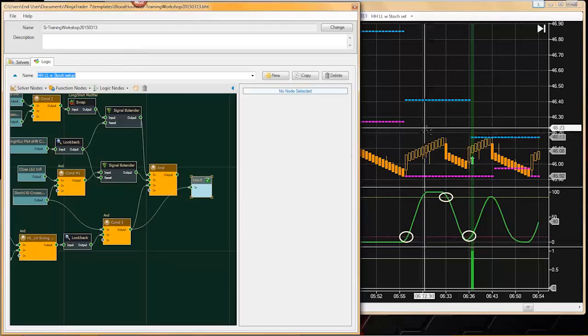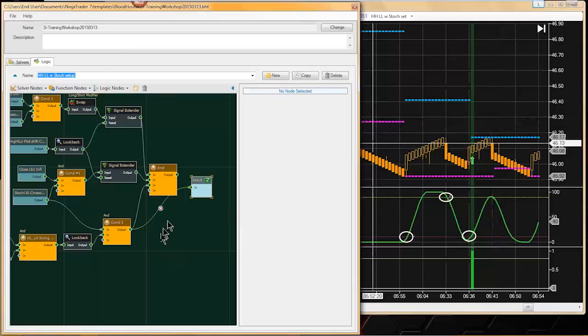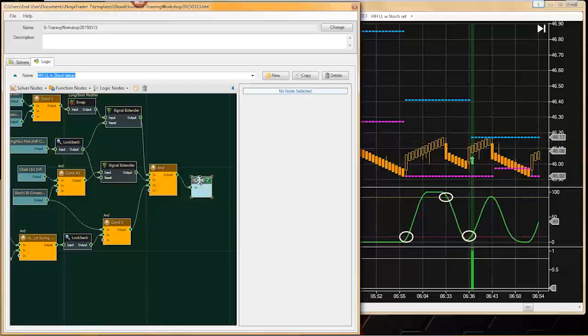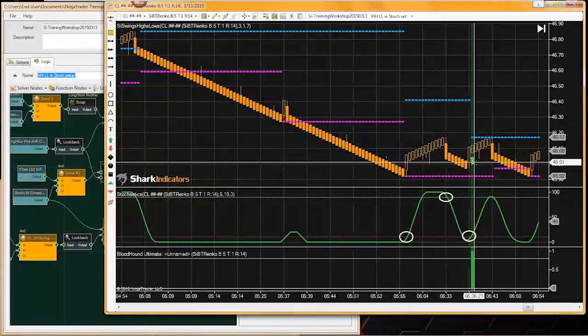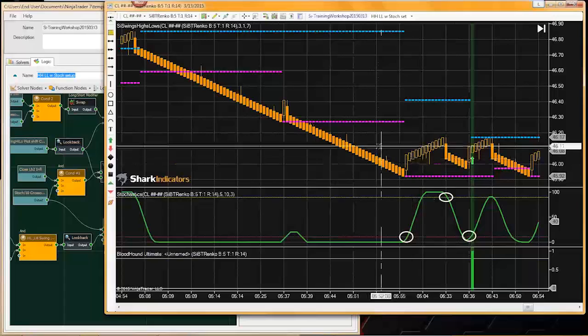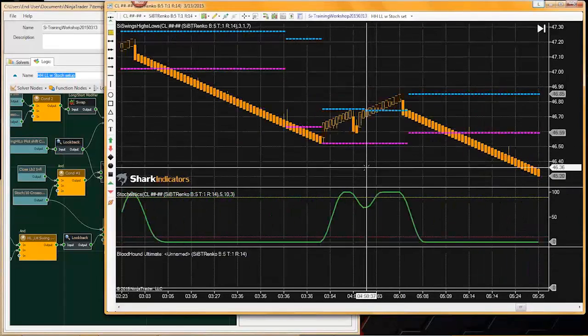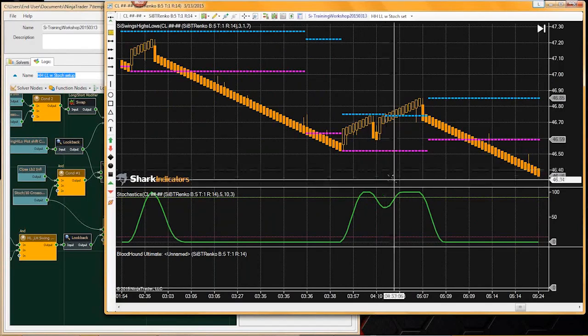So it's surprising that we actually got a trade signal previously on the chart with that solver set wrong. But all right, let's take a look at the final output here, and there we go. So there's our long signal, and we'll take a look back and see if there's any more.